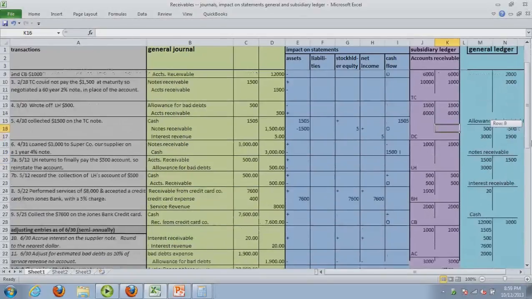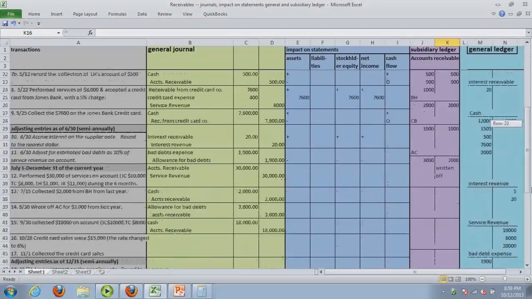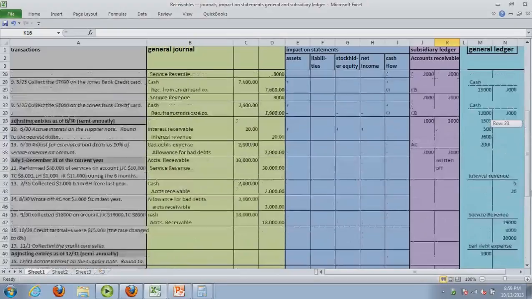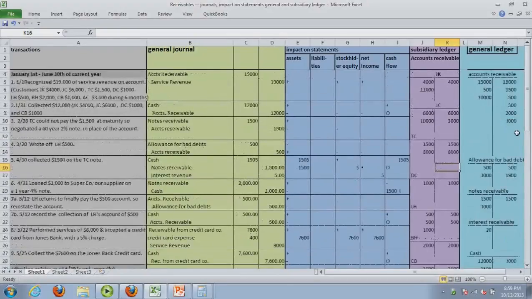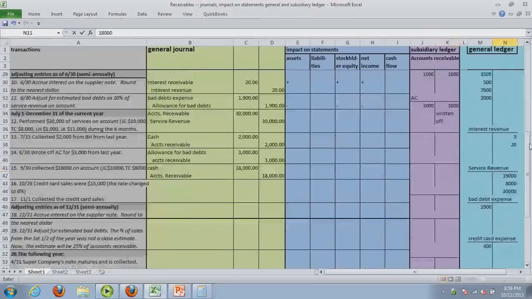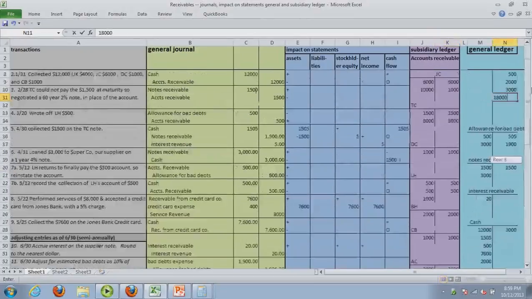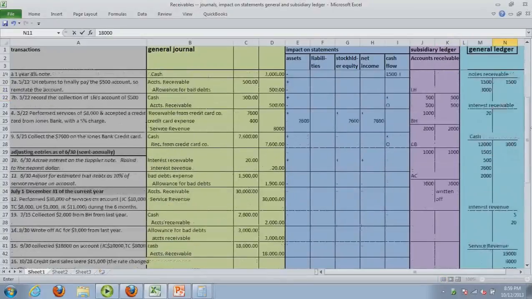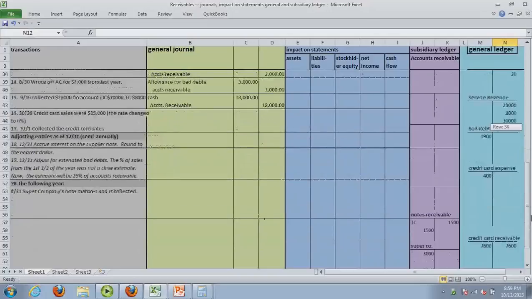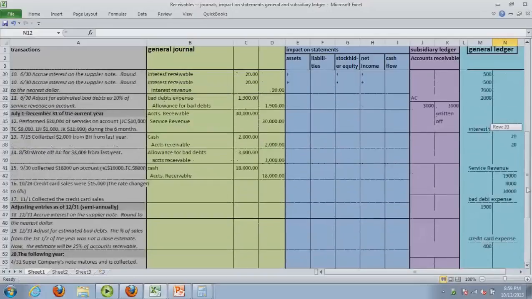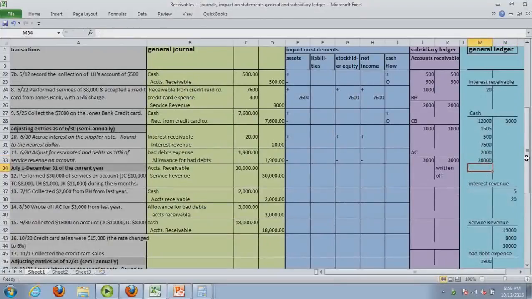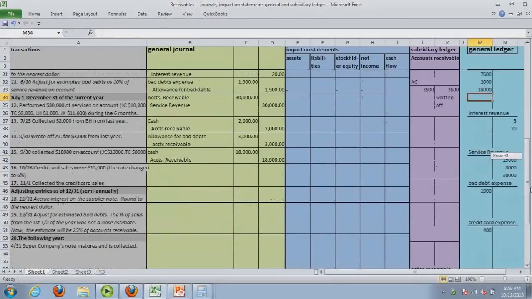Okay, so those are up to date. And I did the cash. No, accounts receivable went down by 18. I didn't do that, and I need to do the cash. Okay, so I've got that, and cash, wherever it is here, right there. I'm not sure we're going to do all the totals, but anyway, I thought we'd at least demonstrate that.